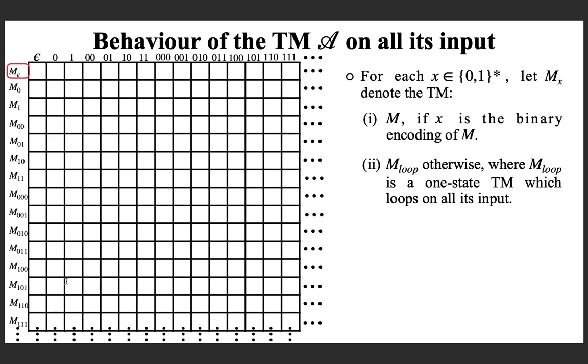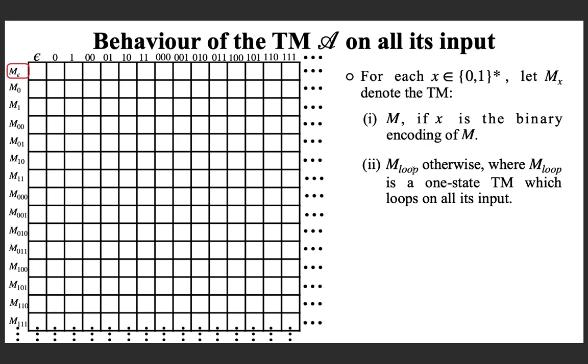If it is not a valid encoding, what you can do is make it a valid Turing machine which loops on all its inputs. It could be just a one state Turing machine, which is not the state T or R. Then that means it will always loop regardless of what the input is.